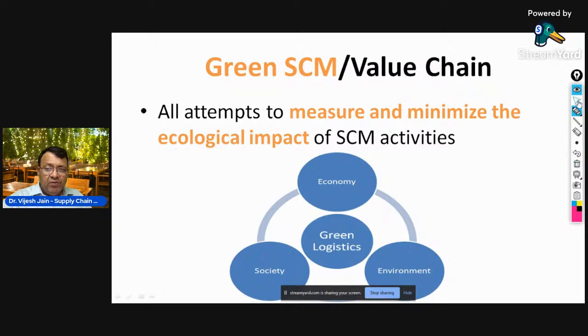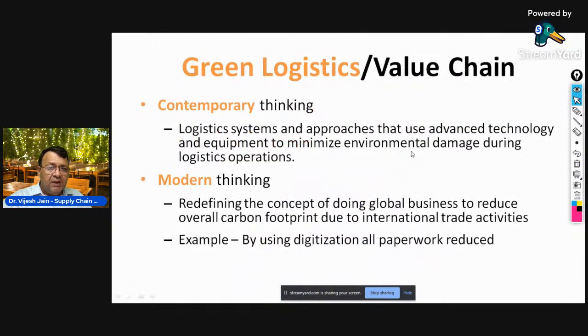That requires united efforts of the international community, the different governments, and various multilateral organizations. So that is the meaning of green logistics and value chain, which requires transition from the contemporary thinking to the modern thinking. And what is the contemporary thinking? Contemporary thinking involves logistics systems and approaches that use advanced technology and equipment to minimize environmental damage during the logistics operations.